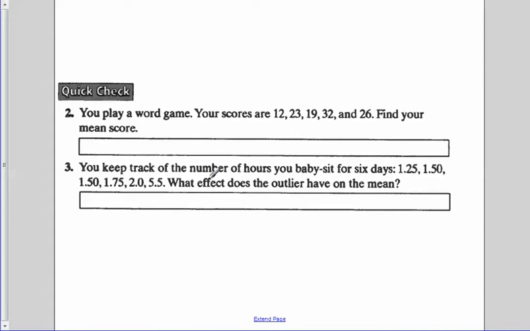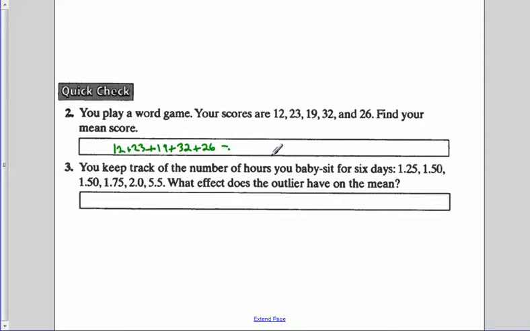Alright, you play a word game. Your scores are 12, 23, 19, 32, and 26. Find your mean score. In order to find the mean, I'm going to add these together: 12 plus 23 plus 19 plus 32 plus 26.